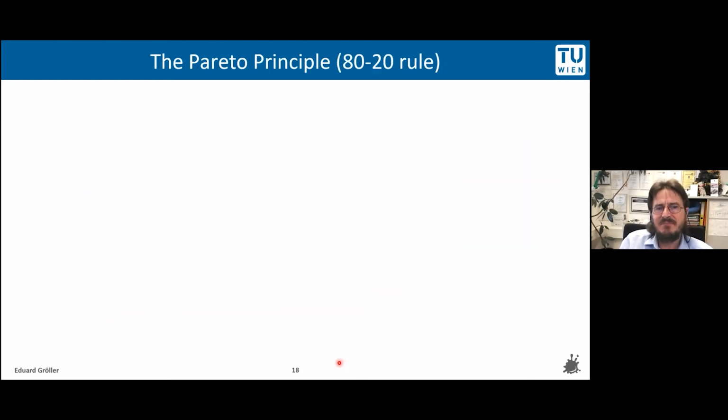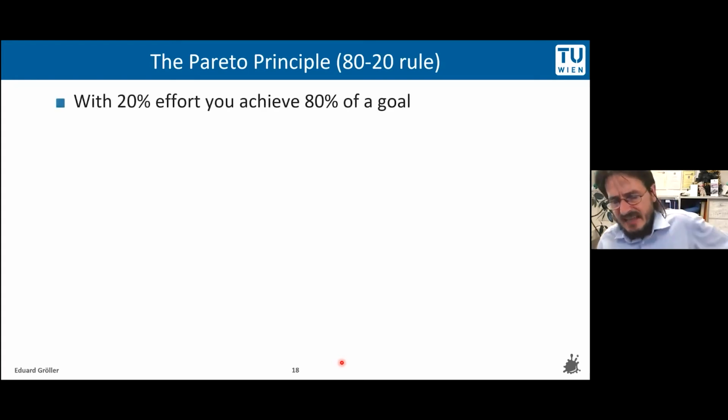And this brings me to the Pareto Principle. Pareto was an Italian researcher, and he came up with this 80-20 rule, and that is applied in very many situations. I don't know if everybody was testing if it works, but it means with 20% effort, you achieve already 80% of your goal. But for the remaining 20% that you would like to achieve, it's a whole lot of effort.